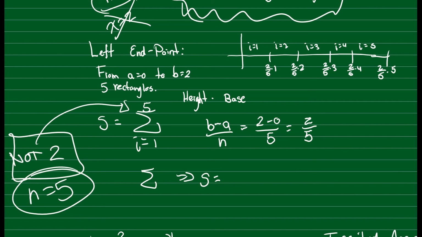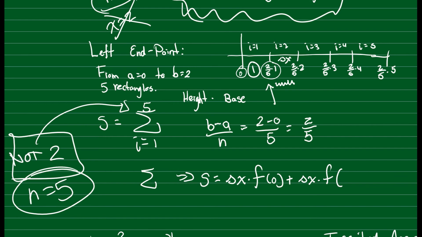So let's see. Left endpoint, the summation is going to be equal to the first rectangle, delta x times f of what? Not this one, that'd be the right endpoint. f of this one, which is 0. That is f of 0. Plus my second rectangle, delta x is still the same, delta x times f of, using the left endpoint for this second rectangle, 2/5 times 1.